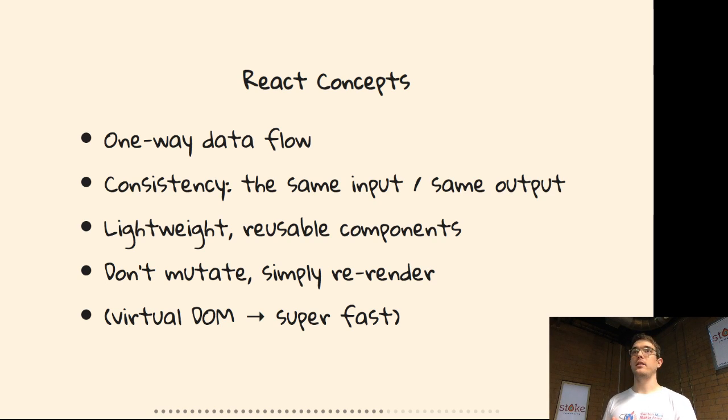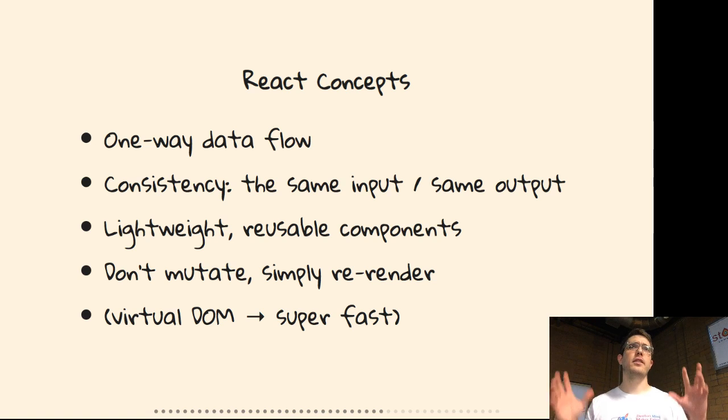And you get a lot of performance wins from taking this model, because you can do smart things when React has to figure out what things to actually re-render when. The other thing is it should be predictable.